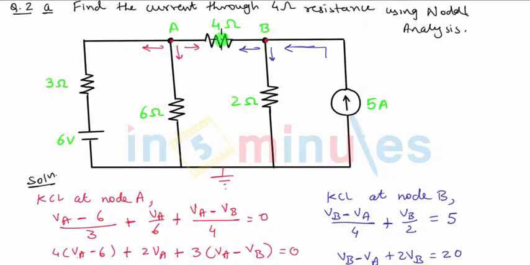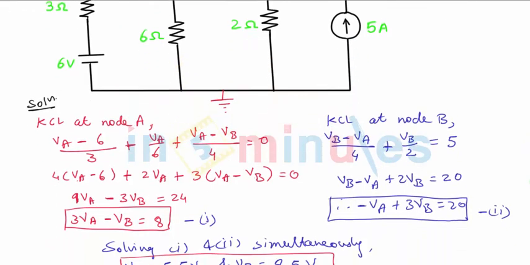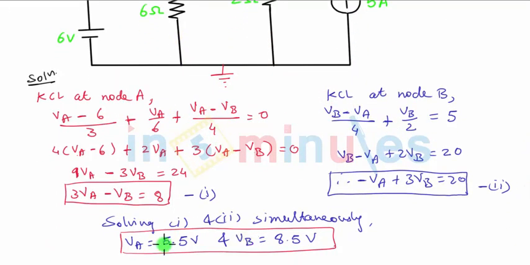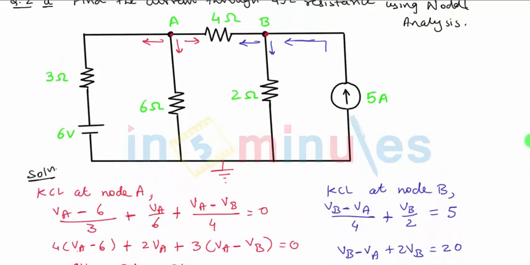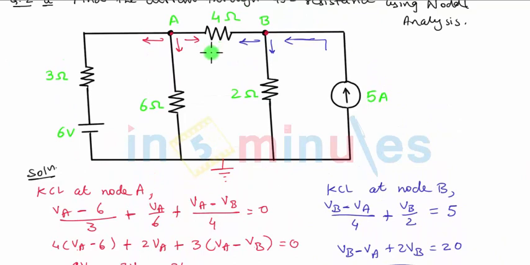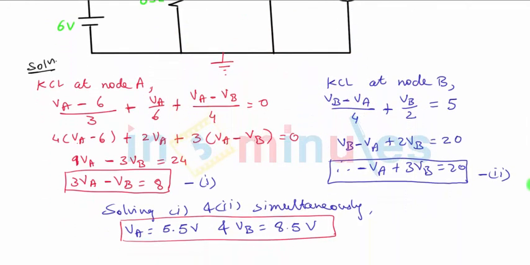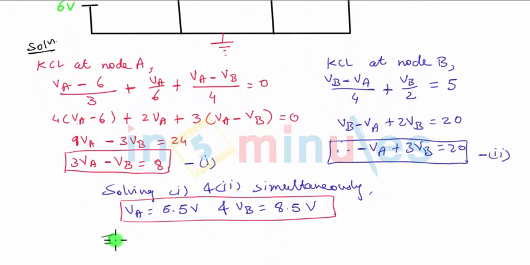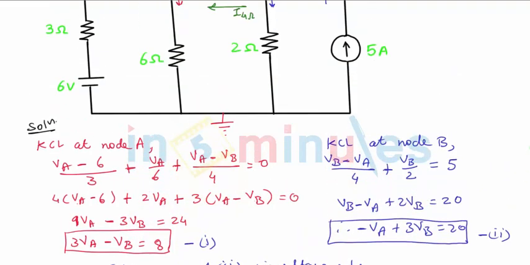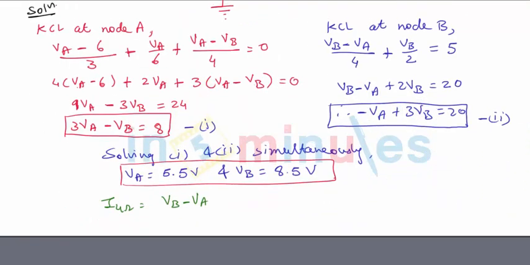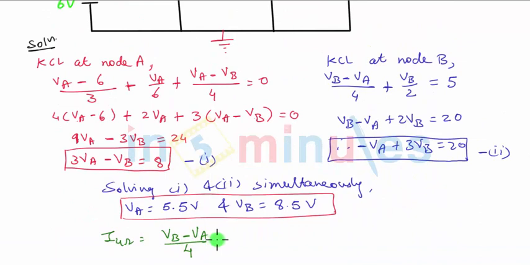We can choose any direction of current we want, but as we can see the value of VB is greater than VA, we will consider positive current, and for positive current we must consider the direction of current that is flowing towards left from B to A. So if I consider this as my current I4 ohm through 4 ohm resistance, then I4 ohm becomes VB minus VA, because we have considered it from B to A, and this will get divided by 4 because that's the resistance we have.